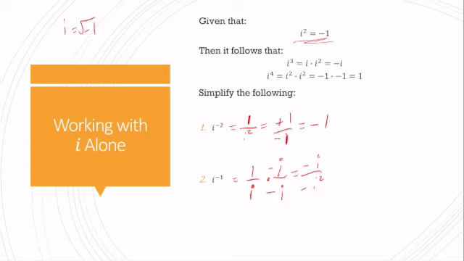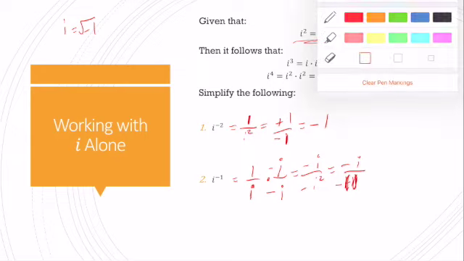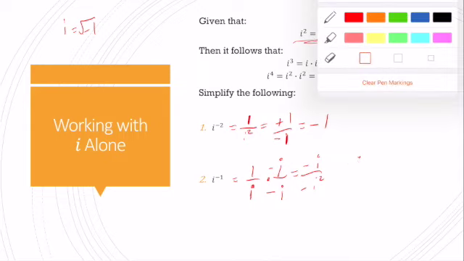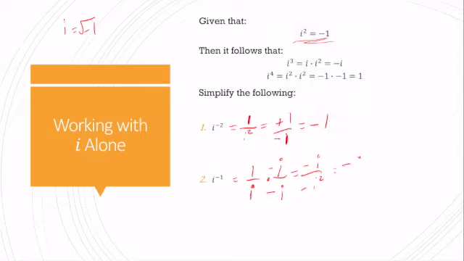That leaves you with negative i over negative i squared, which is negative 1. Two negatives make a positive. So I have negative i over 1, which equals negative i.